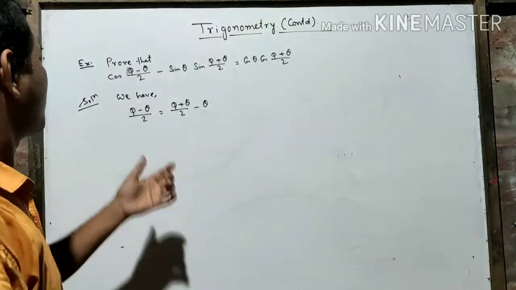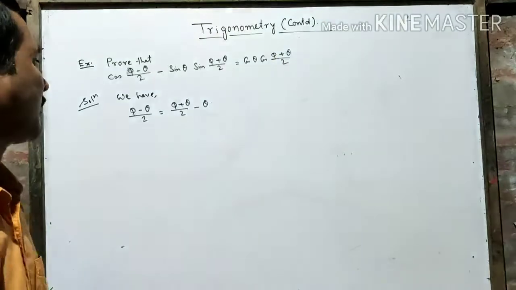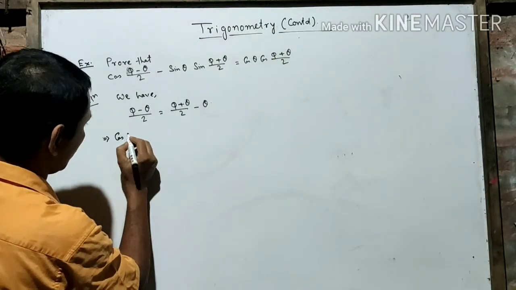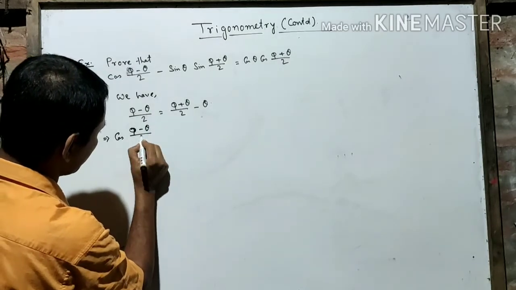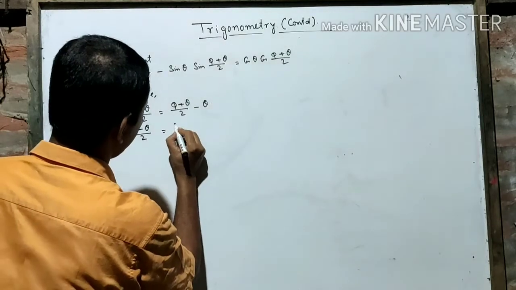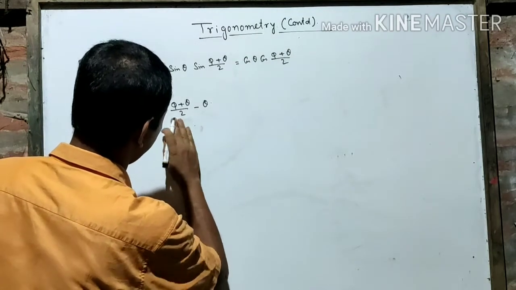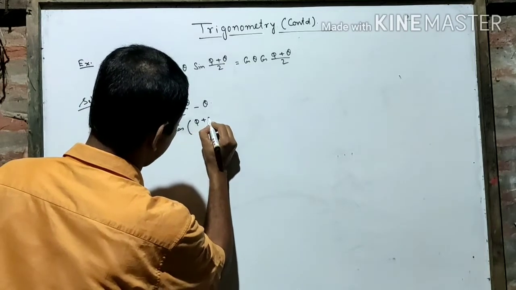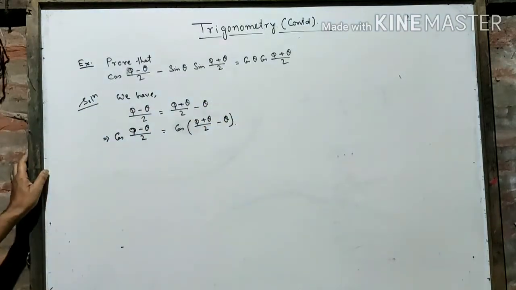And next, here is also cos, and this structure is of cos. So you apply cos on both sides. Applying cos function on both sides, cos of phi minus theta by 2 equals cos of phi plus theta by 2 minus theta.